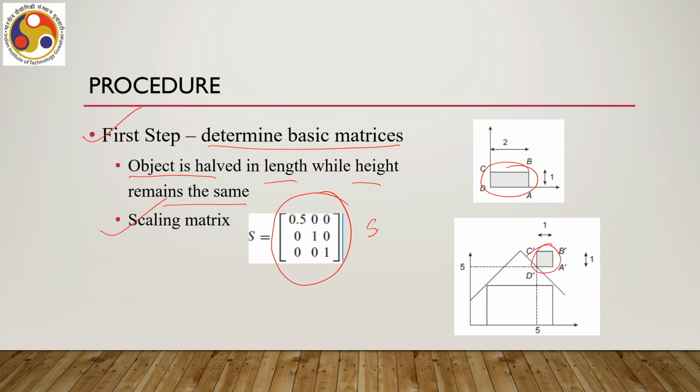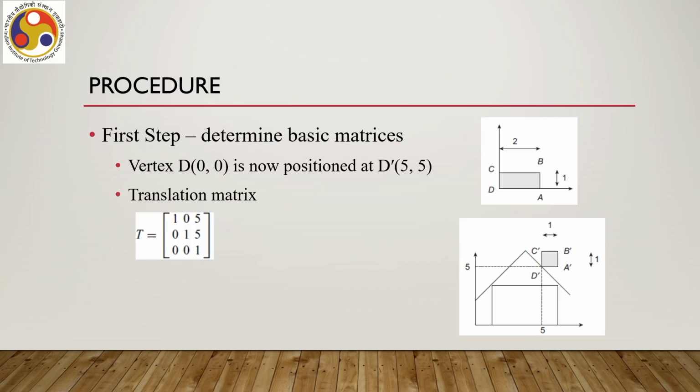where Sx equal to 0.5, the scaling factor along x direction, and Sy equal to 1, since there is no change. Also, we need to translate. So, vertex wise if we look, we can see that vertex D (0, 0), that is the origin, has been translated to D dashed, that is (5, 5) in the world coordinate scene.